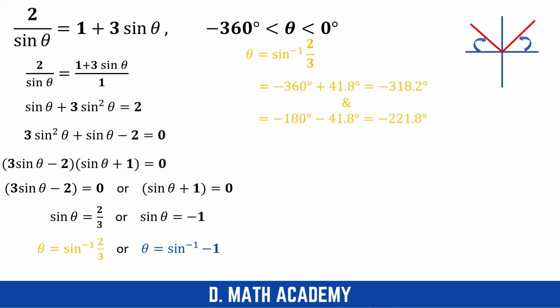So we have negative 360, you add it with 41.8, then you get negative 318.2 for us to identify the first red line there. Then the next one, we will be taking negative 180 minus another 41.8. Then you will get your result as negative 221.8. As for the sine inverse negative 1, by keying to the calculator, earlier we got a negative 90, right? So this time around, no changes is needed because it falls right within the range. So you just key in negative 90 as your final answer.